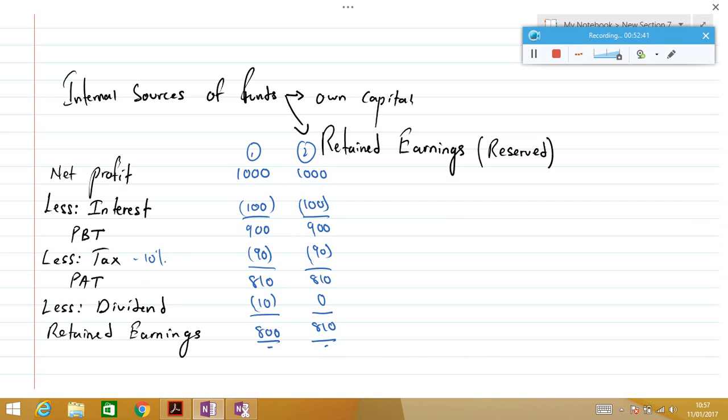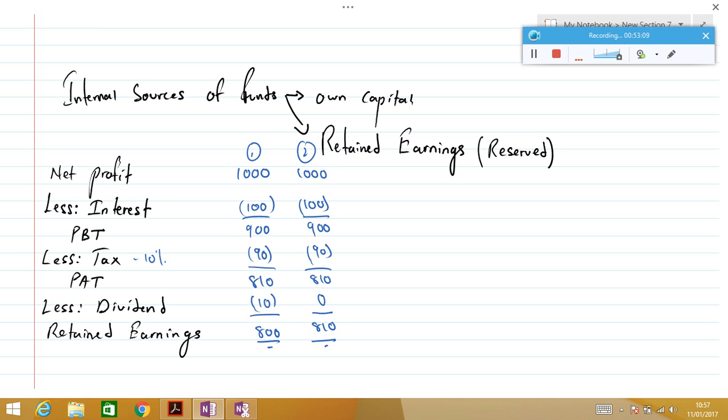Let's say this is not 10 ringgit, everything is ringgit, so it's 10 million. Definitely I'm not going to let go of my 10 million to the shareholders, right?